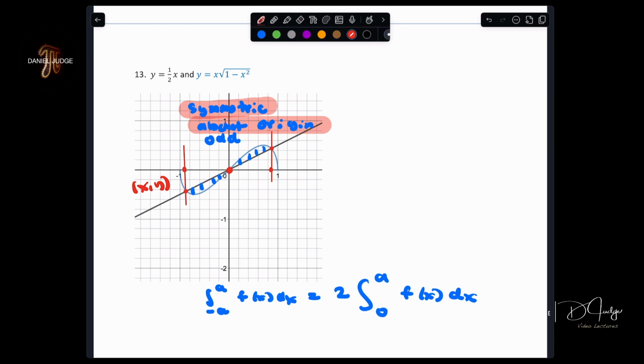We're going to find the points of intersection by setting the curves equal to each other and solving for x. So y equals y again, which means 1/2 x is x square root of 1 minus x squared. So you've got to solve for x now.